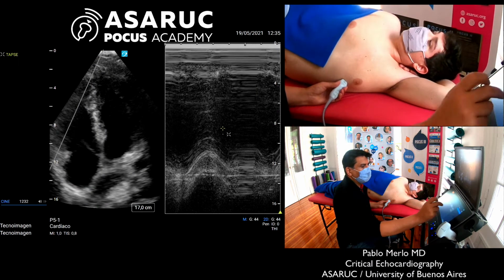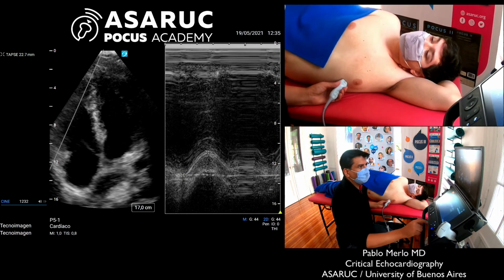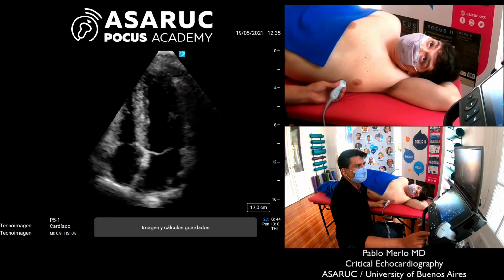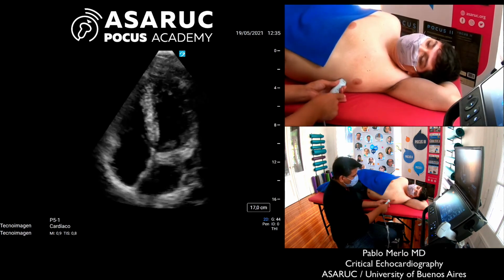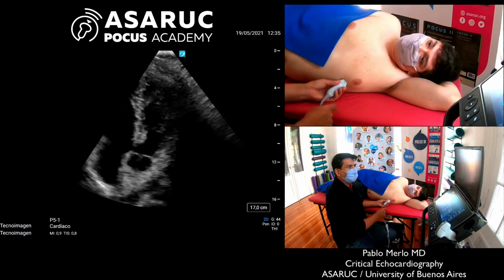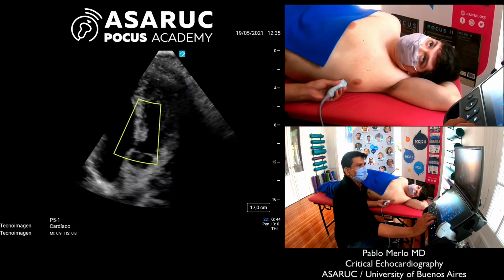Its normal value is over 16 millimeters, and we use it to assess the longitudinal function. The value of this patient's TAPSE is almost 23 millimeters, which means that the longitudinal systolic function of the right ventricle is preserved.